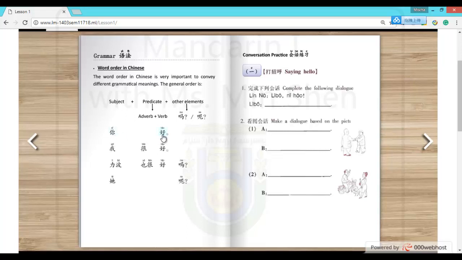好 means good. And in this sentence, please remember, 好, even though in English we consider it's an adjective, and normally we say be good, you are good, I am good. But in Mandarin, an adjective can work directly as a verb. So in this case, you don't have to say the "be" before it.